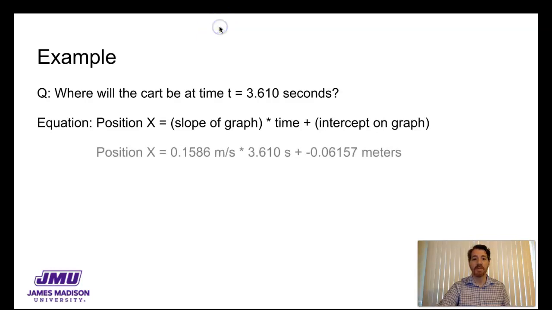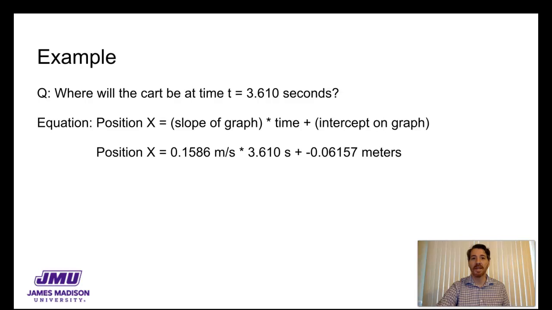And when I plug some numbers in for that, I have the slope from the previous slide on the graph is 0.1586 meters per second. The time they're asking about is 3.610 seconds. I plug that in here. So the slope times the time plus my intercept, which was the negative 0.06157 meters.